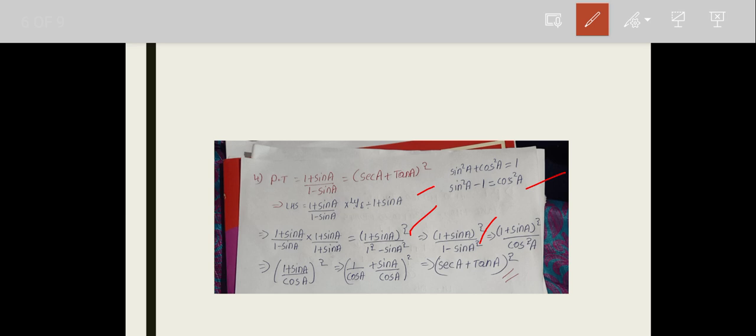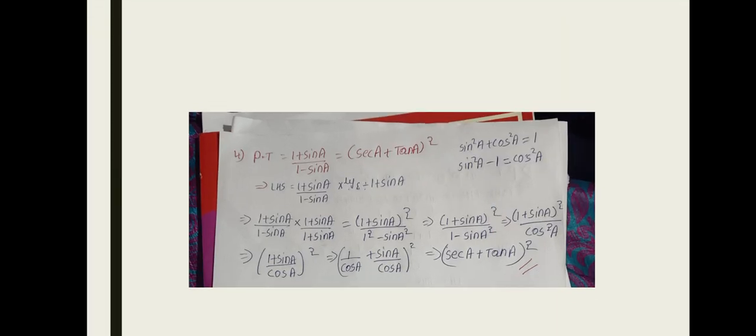Then (1 by cos A plus sin A by cos A) whole square. 1 by cos A is secant A, and sin by cos is tan A. So we have proved LHS equals RHS. Next we will go for another question.